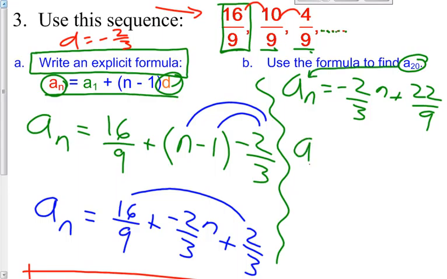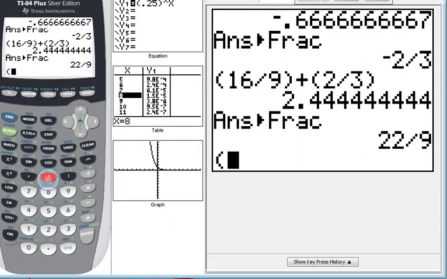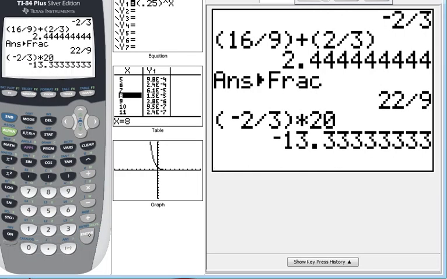What is the value of the 20th term? I'm going to take a negative 2/3 and multiply it by n, which is the amount of terms that there are. When I come to a stop, it's the 20th term. So I'm going to multiply it by 20, plus 22 ninths. The rest of the work we can do in our calculator. A negative 2/3 times 20, and then I'm going to add 22 ninths.